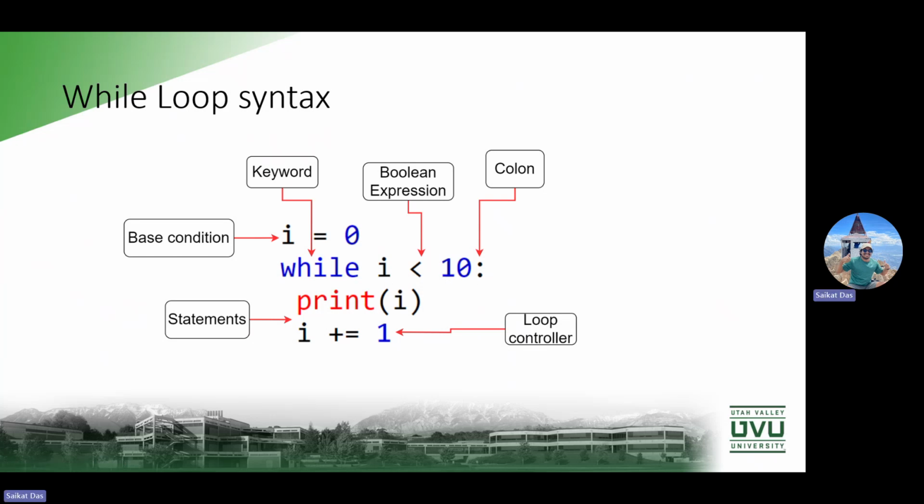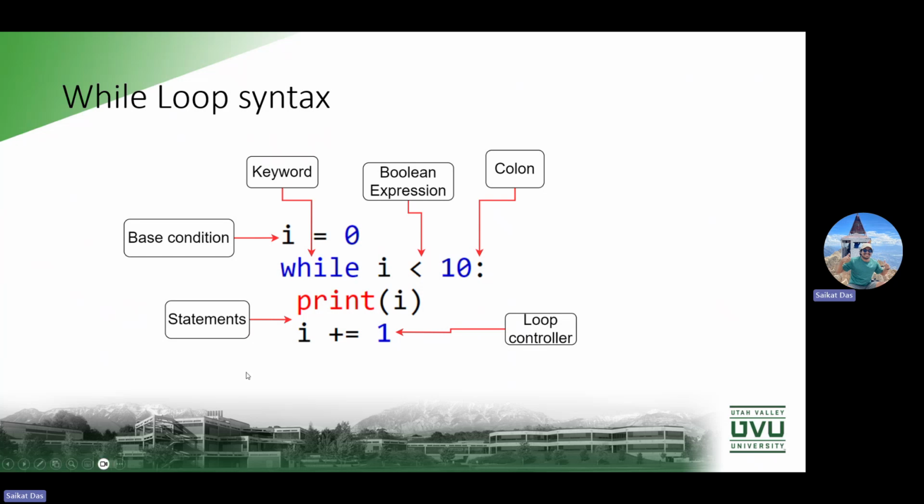Whenever this Boolean expression is true, it will keep going. And this is the very important thing, the loop controller. You have to control your loop. You can see here, we're starting the i value from 0, and we'll keep going as long as the i value is less than 10.